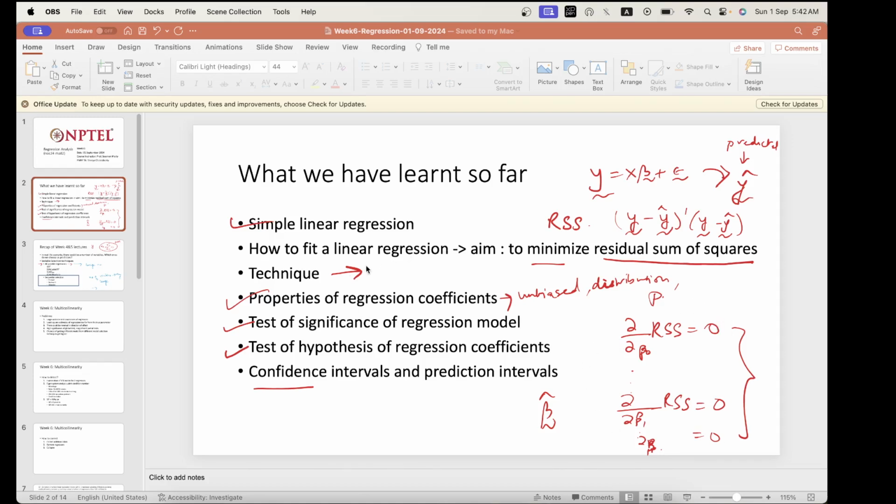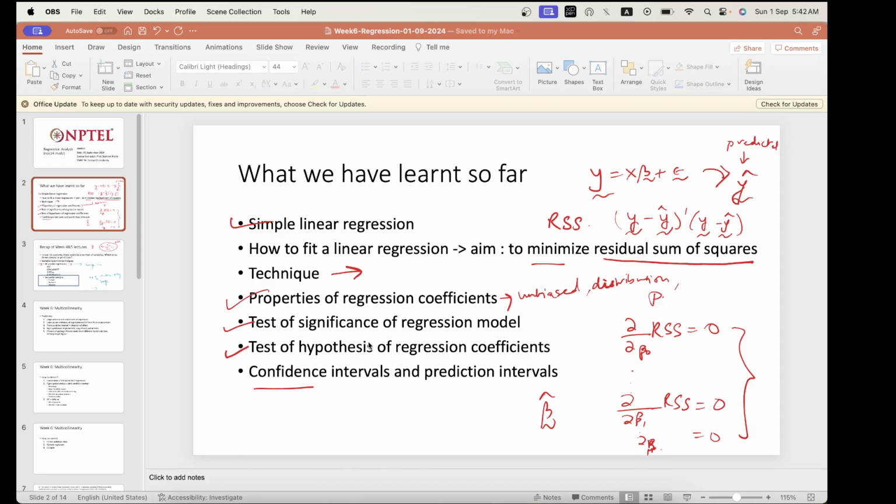at the regression coefficients. We also learned about the properties of the regression coefficient, that is, it is unbiased and it's normally distributed with some mean and some variance, right? And also we learned how to test for significance of the entire regression model, that would be an F test, or we have learned how to test for a hypothesis for a subset of regression coefficients.